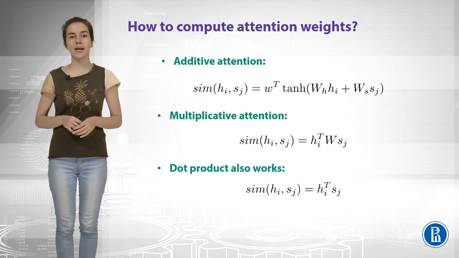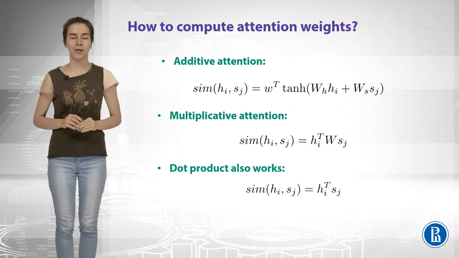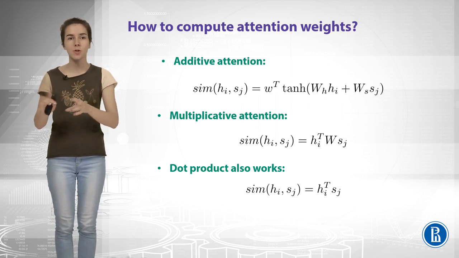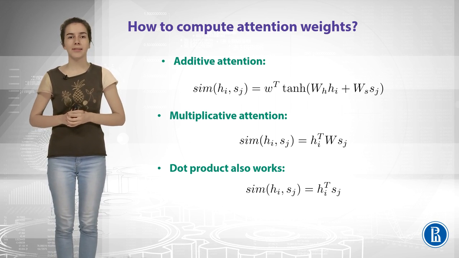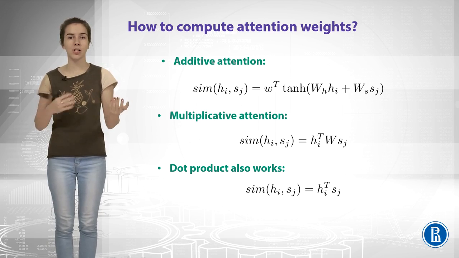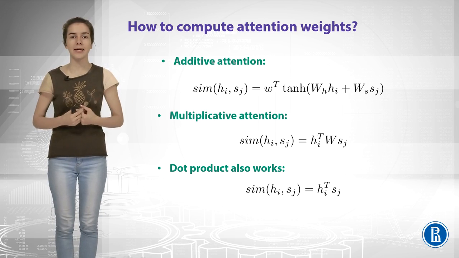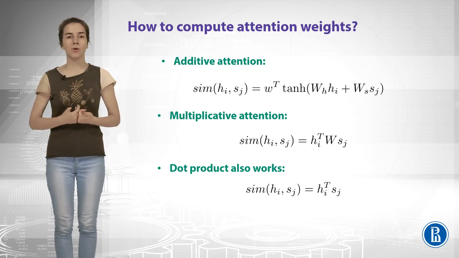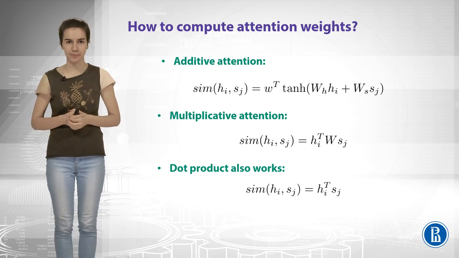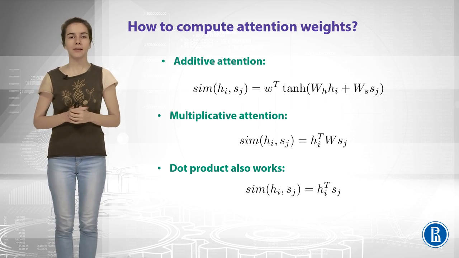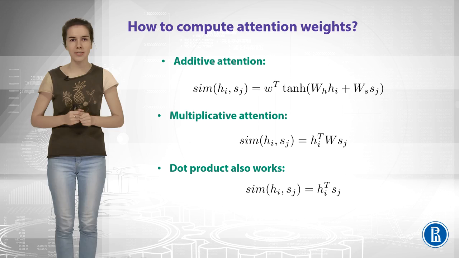And then we just take one layer of a neural network and say that it needs to predict these similarities. So you see there that you have H and S multiplied by some matrices and summed. This is why it is called additive attention. And then you have some nonlinearity applied to this. Okay, these are 3 options, and you can have also many more options.